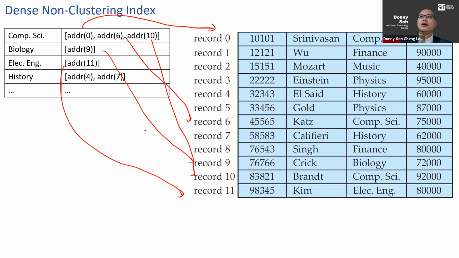Okay. So now the question I ask you is this. For a dense non-clustering index, let's say look at this table. This is department.